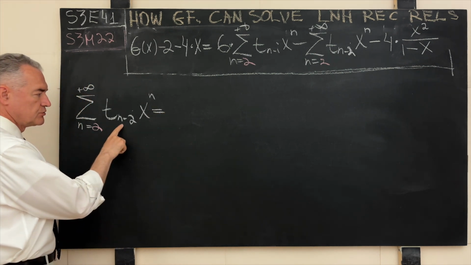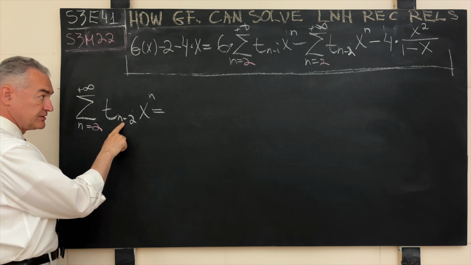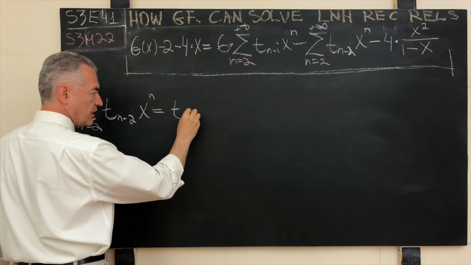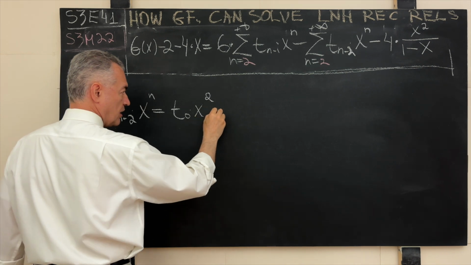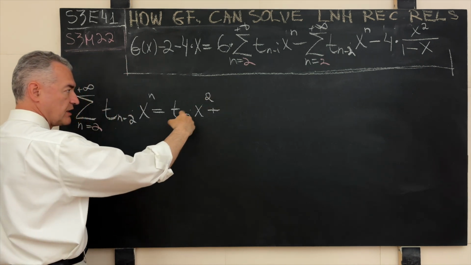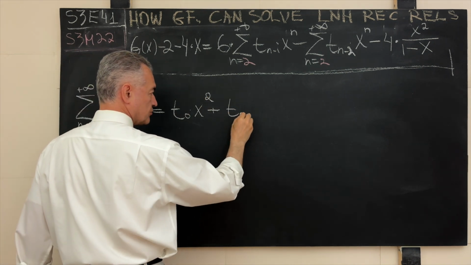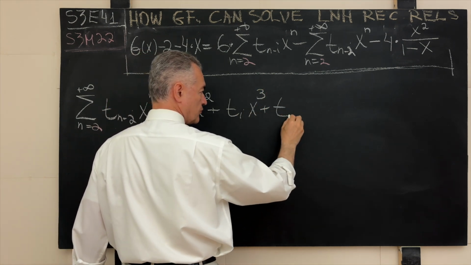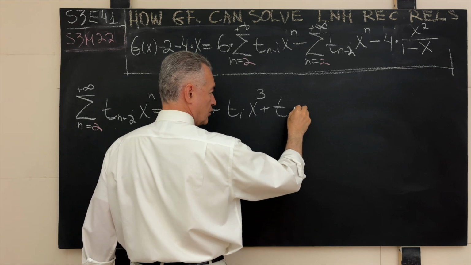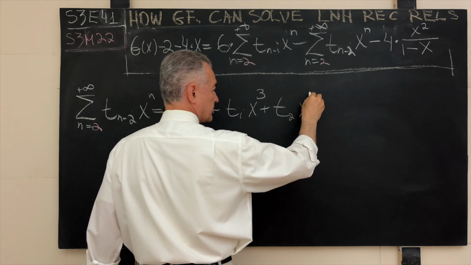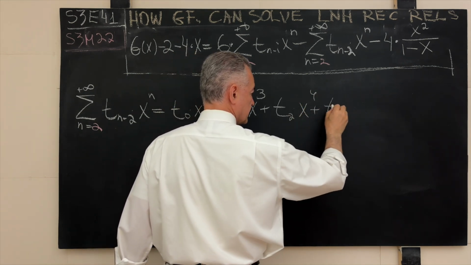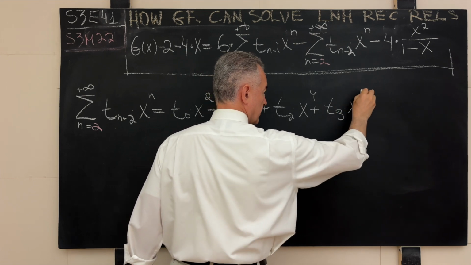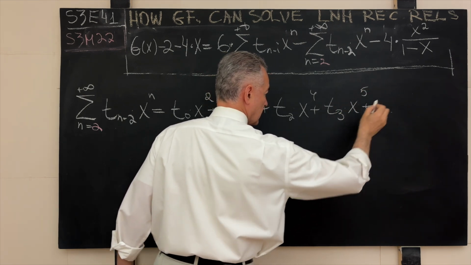When n is equal to 2, the subindex of the coefficient t is 0, but the power of x is 2. So now this is how this dynamic duo works. If the index is 1, then the power of x is 3. When the index of the coefficient t is 2, then the power of x is 4. When this is 3, then x is 5, and so on.